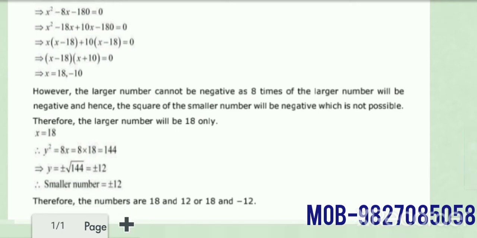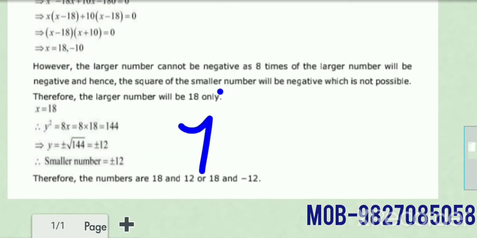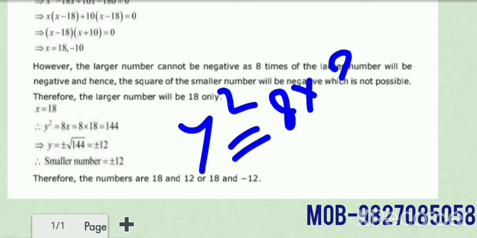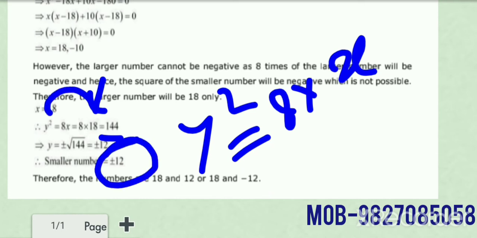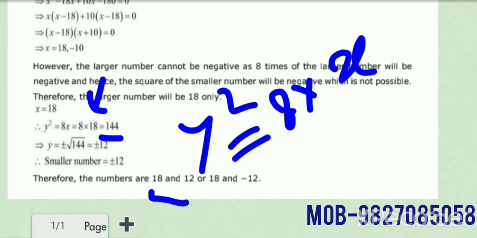Now for the value of y, the square of y is equal to 8 into x. Putting x equal to 18, we got 144, and the square root of 144 is equal to plus minus 12. So we can say the numbers are 18 and 12, or 18 and minus 12. Okay.